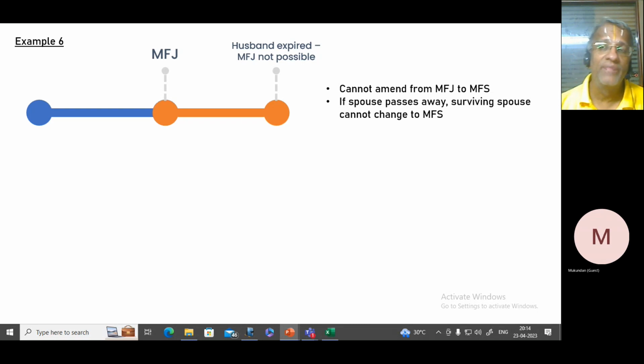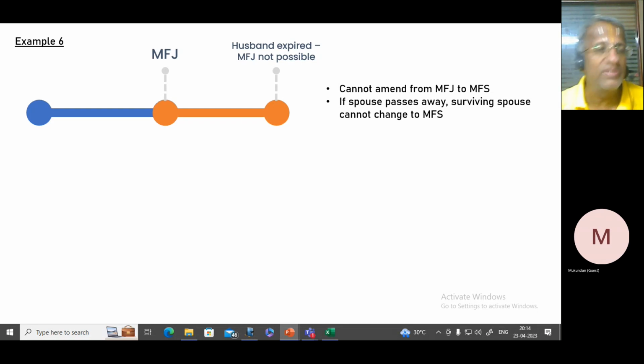Another possibility is that when one of the partners, that is the spouse, is expired, can the surviving spouse go for filing on MFS basis? There is no amendment possible. So the point of discussion is that amendment is possible in one case, and not possible in another case.